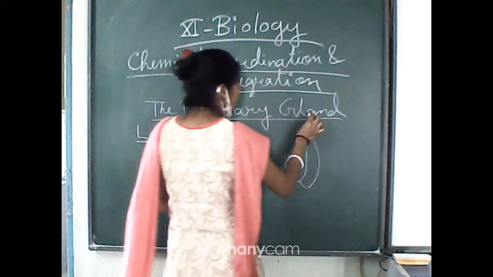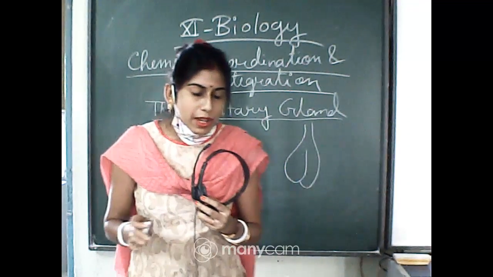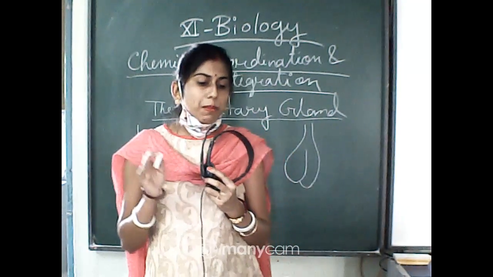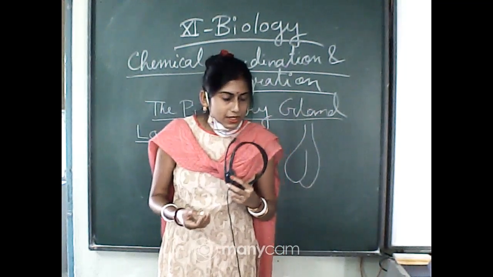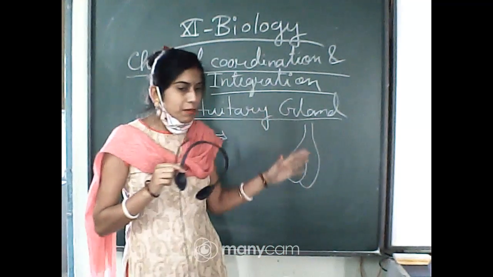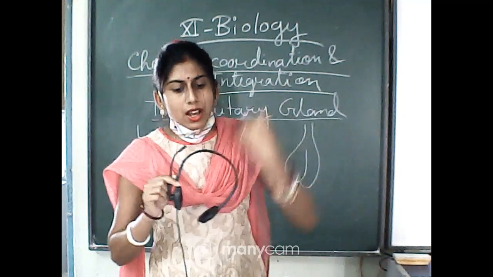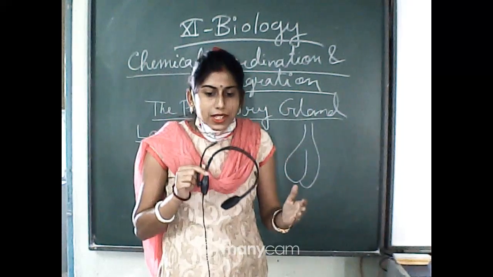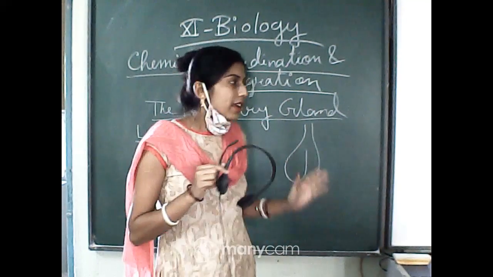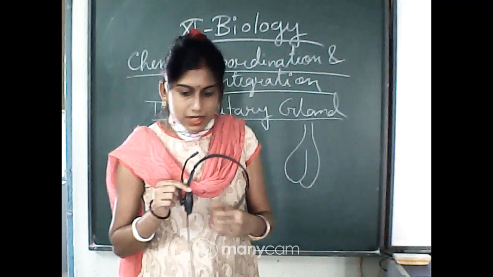Okay, so what is the location of the hypothalamus? Hypothalamus can be found on the basal part of the diencephalon or forebrain, right? And as I have mentioned, the hypothalamus controls the function of the pituitary hormones. So from this you can understand that the location of the pituitary will be near the hypothalamus, right?